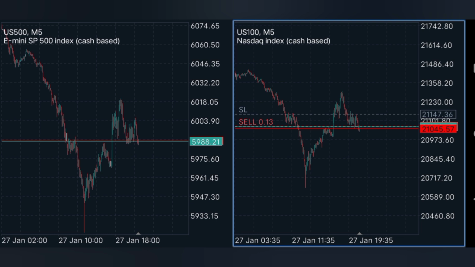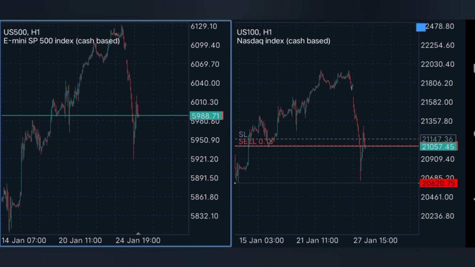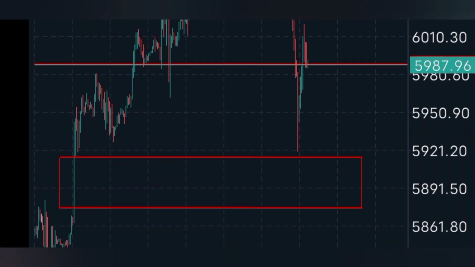Now, the major reason I even decided to take this entry in the first place was because of this fair value gap right here.